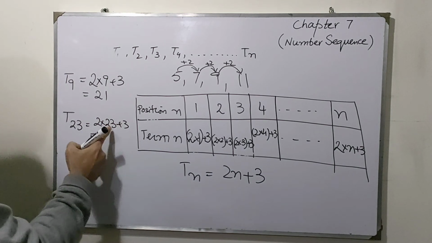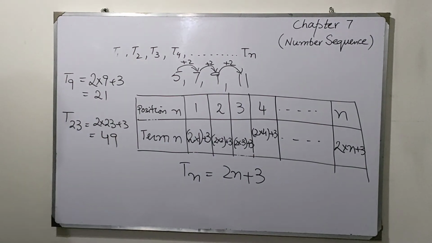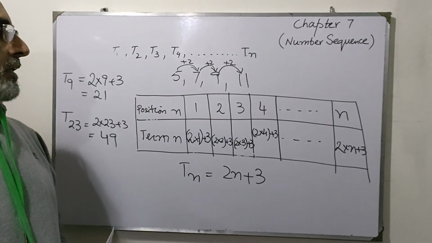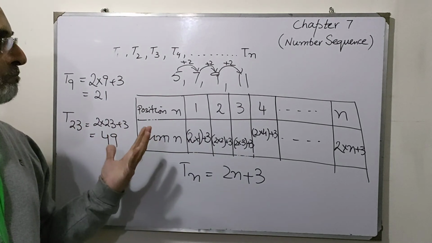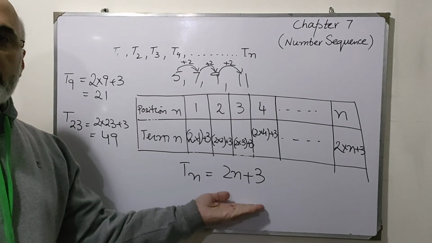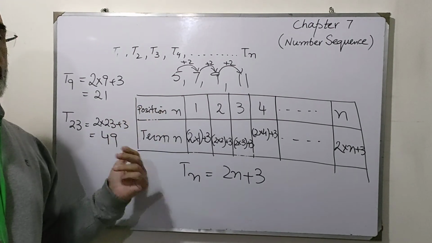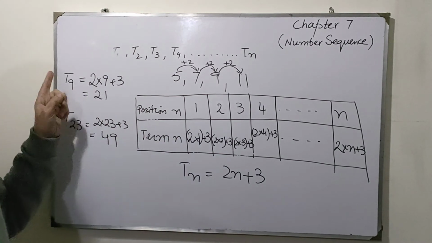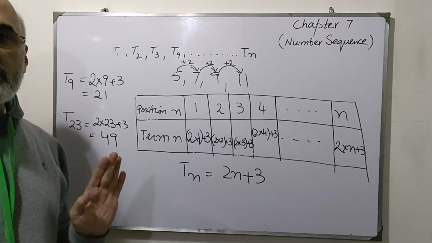So it is 46 plus 3, 49. Okay. So this is the example of how we are working out our general terms. And this general term, which is the nth term of the sequence, once we know this nth term, we can find any term of that sequence.